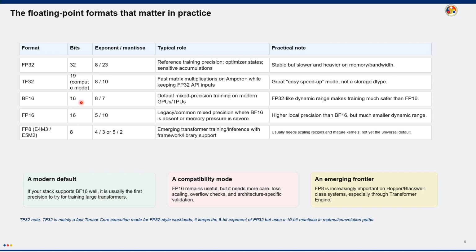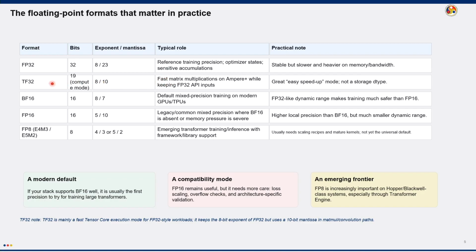Okay, so now you can see the typical roles here, and some practical notes for your reference. The training precision is the key here. Optimizer-state-sensitive computations and accumulations should happen using full, single precision. We usually do not go to double precision, because that is not required, except for some scientific computations involved in AI workloads.